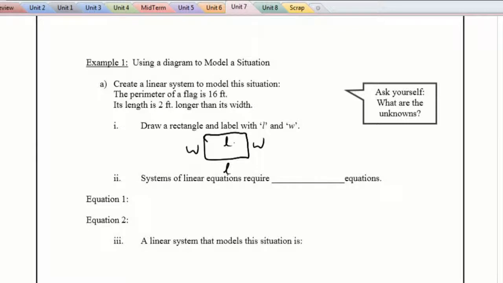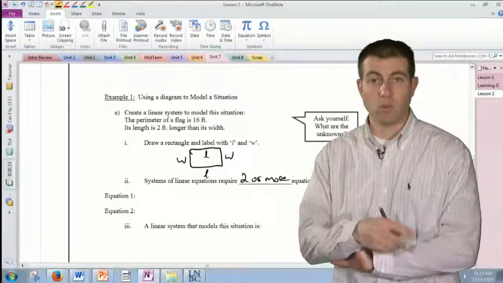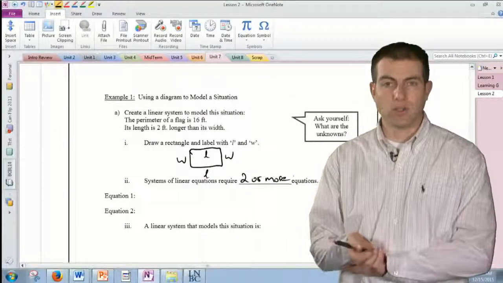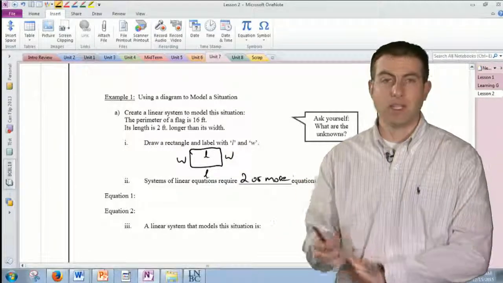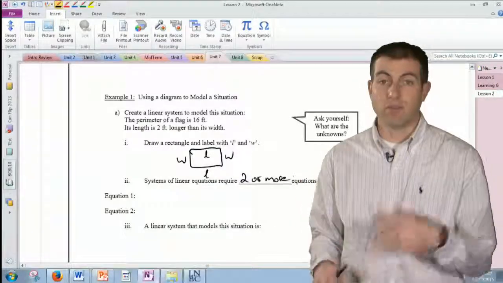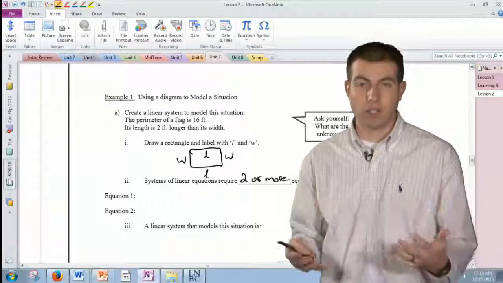We call this a system of linear equations, and it requires two or more equations. The idea is for every variable you have, in this case we have two, length and width, you're going to need an equation. So if I had three variables, length, width, and height, I'd need three equations. If I had 5 variables, I'd need 5 equations.